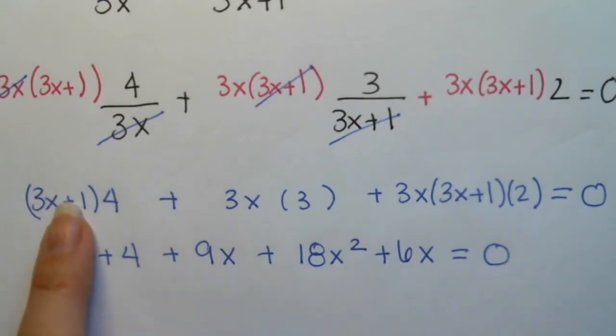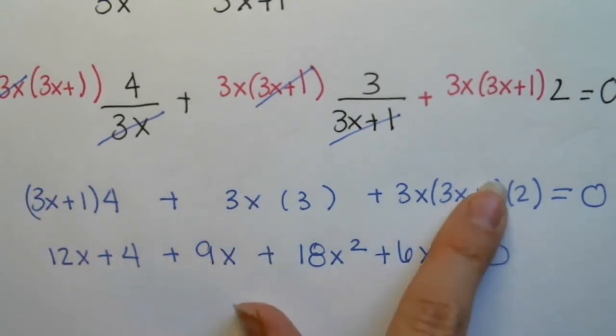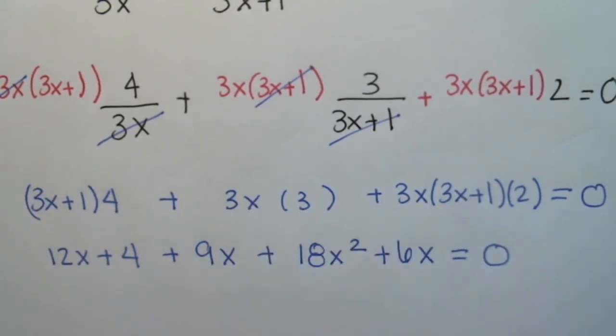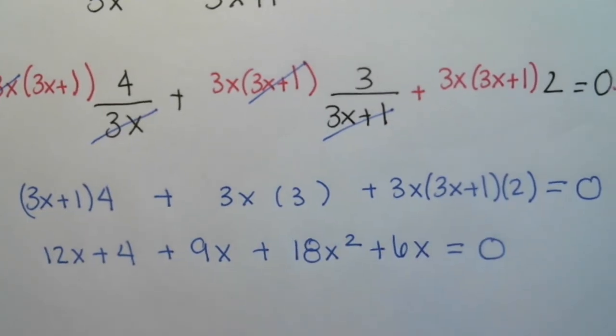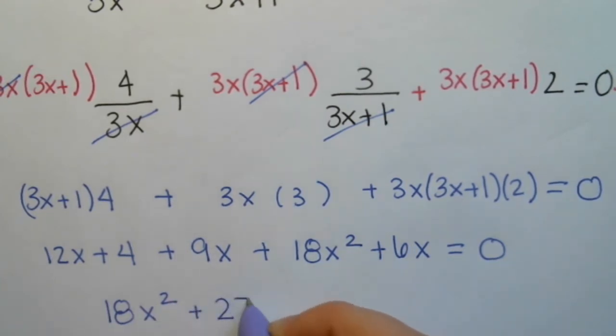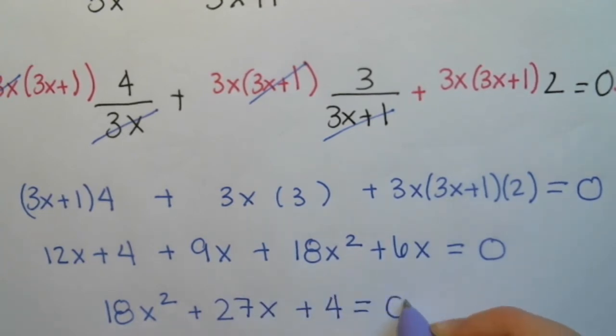So here's my first one, my second one, and this third one. Now I'm going to write my terms in descending order and add my like terms together. So I have 18x squared, then I have 12x plus 9x, which is 21x, plus 6x, which is 27x, plus 4 equals 0.